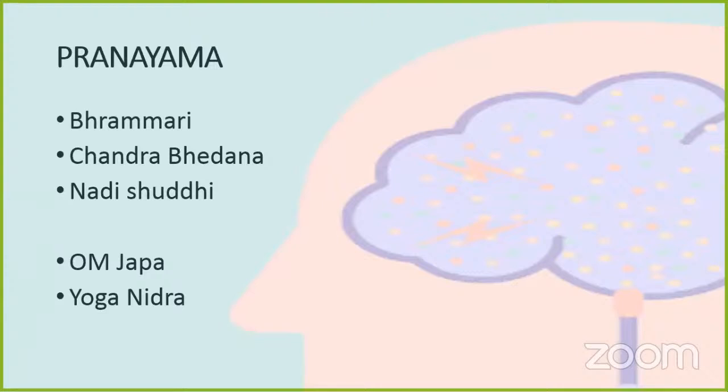And for working on the parasympathetic nervous system, not only the forward bends or inversions, chanting can help, and pranayama like Shetali pranayama, Brahmari pranayama, Nadi Shodhana, Ujjayi pranayama, all these are very helpful.